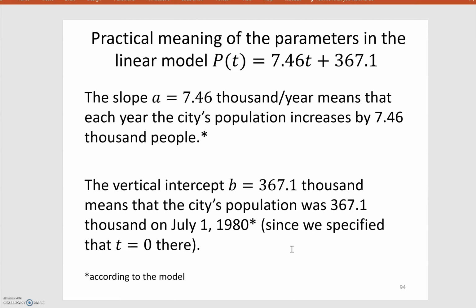So every year we gain 7,460 people. So we could actually calculate the yearly population increase starting in July 1st just by successively adding 7.46 and another 7.46 and another 7.46. Okay.